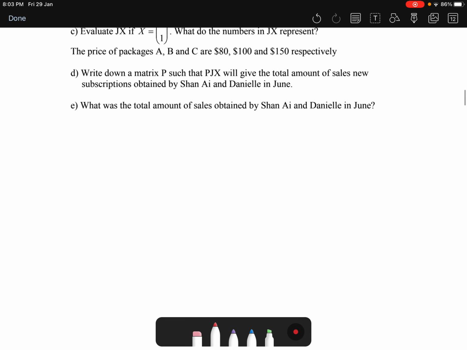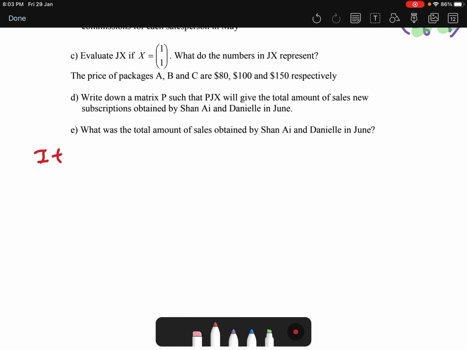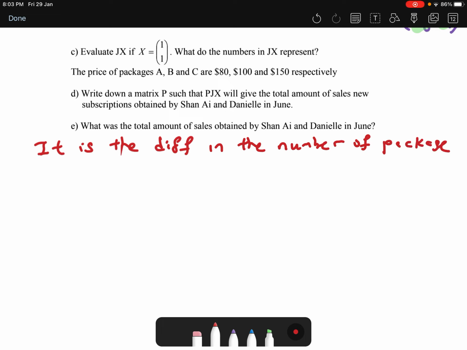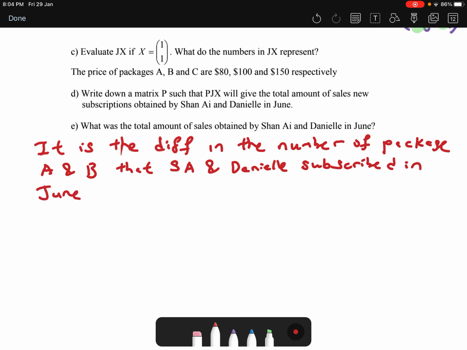Maybe I just write it down: it is the difference between the number of packages A and B that Shan Ai and Danielle subscribed in June and May.